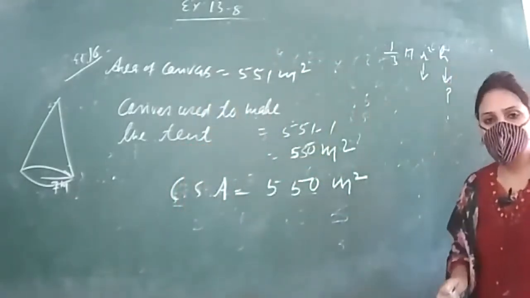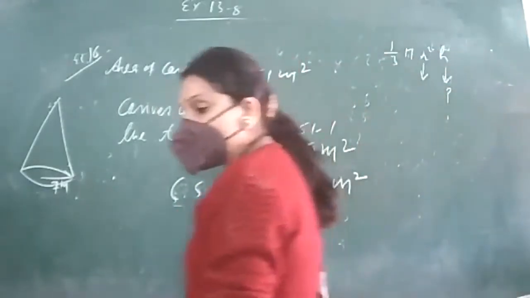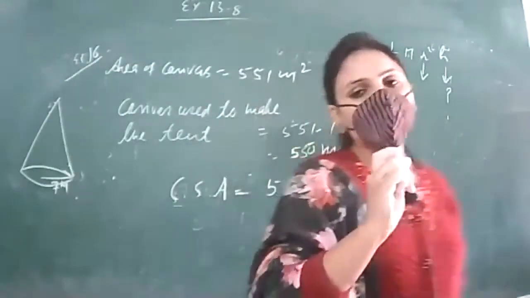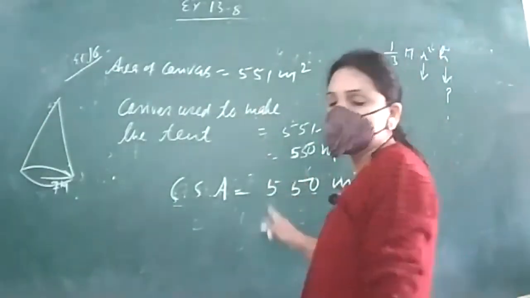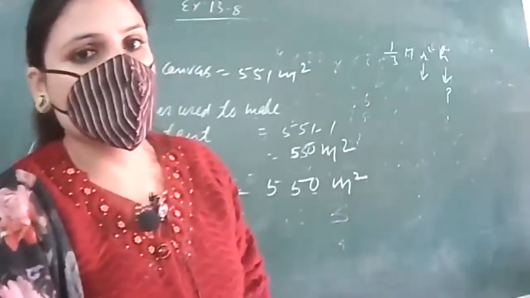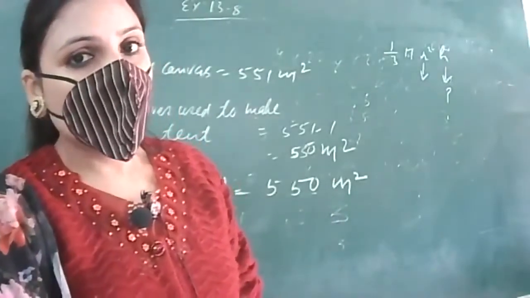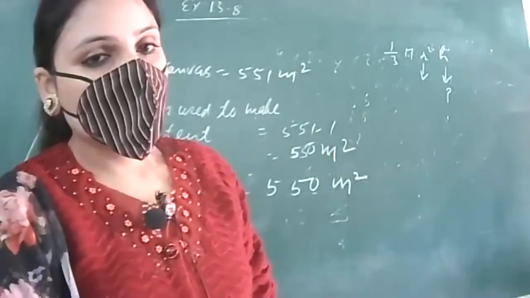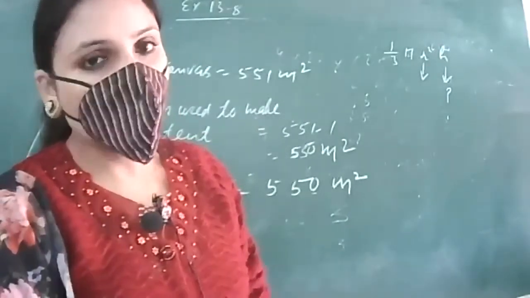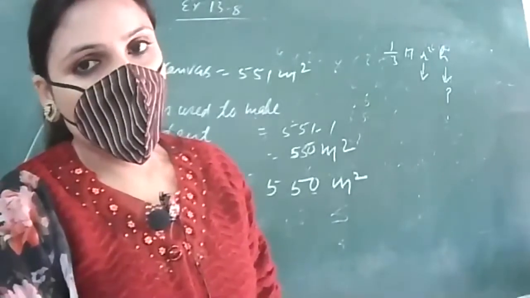You should know that the canvas which is used to make the cone will be treated as curved surface area. And what is the formula for the curved surface area? Garima? Cone's curved surface area formula.